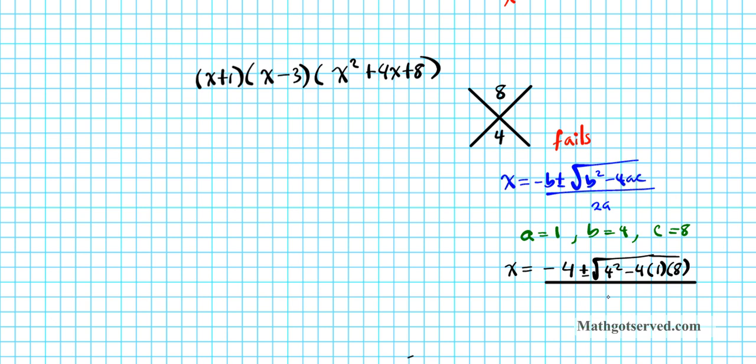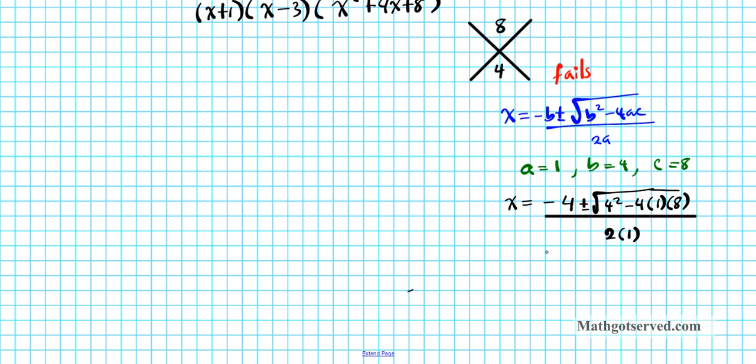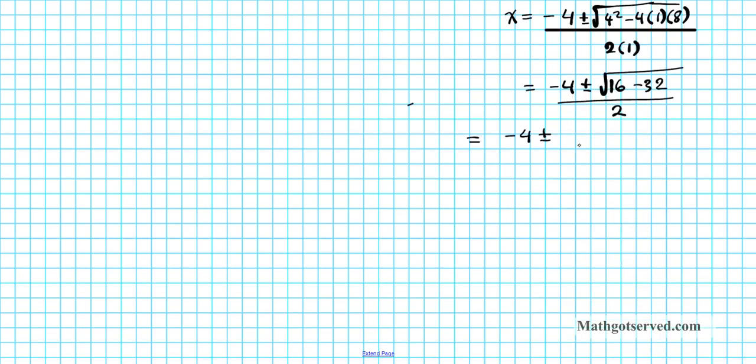Okay? All right, let's go ahead and simplify this. So we're going to have negative 4 plus or minus the square root of, 4 squared is 16, 4 times 1 times 8 is 32, over 2. Okay? That simplifies further into negative 4 plus or minus the square root of negative 16 over 2.